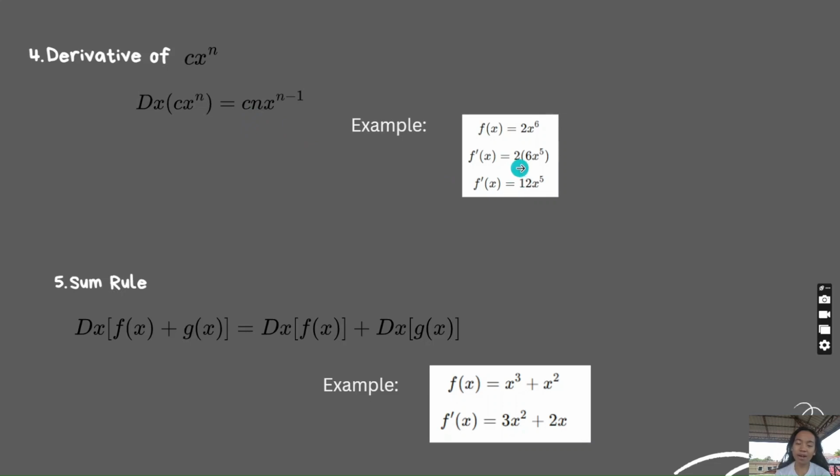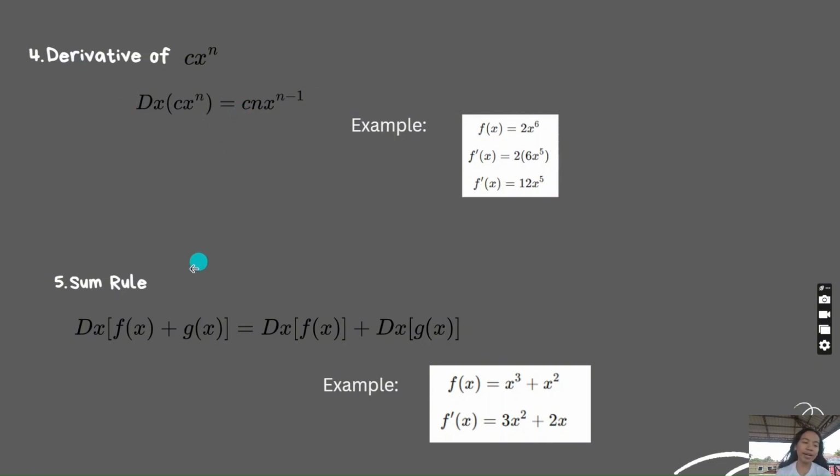So we have 2 there, and then getting the derivative of this one, we have just simply brought down the 6 from the power, and then x to the power of 6 minus 1, that is 5. So multiplying them together, 2 times 6, that is 12x to the fifth. So now its leading coefficient becomes 12, applying this formula.